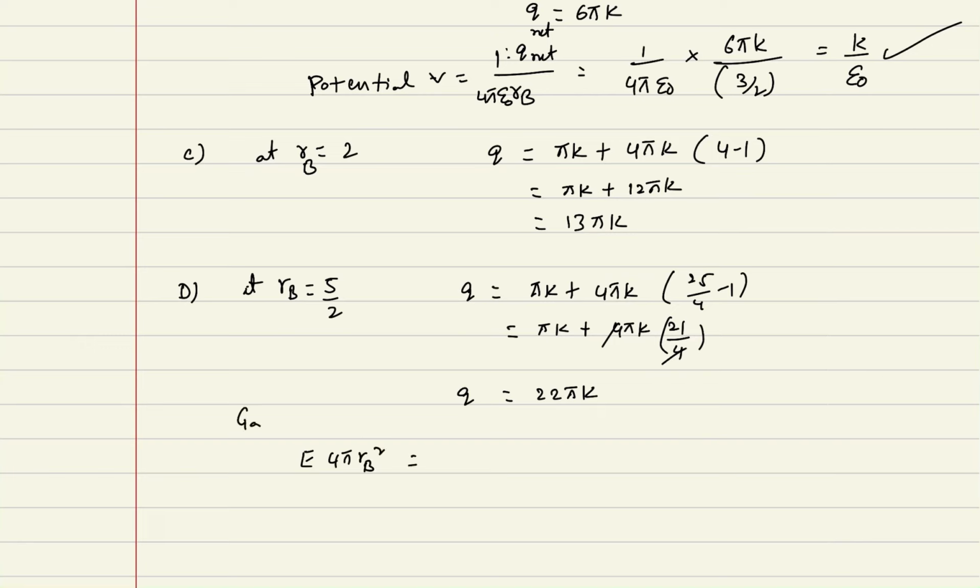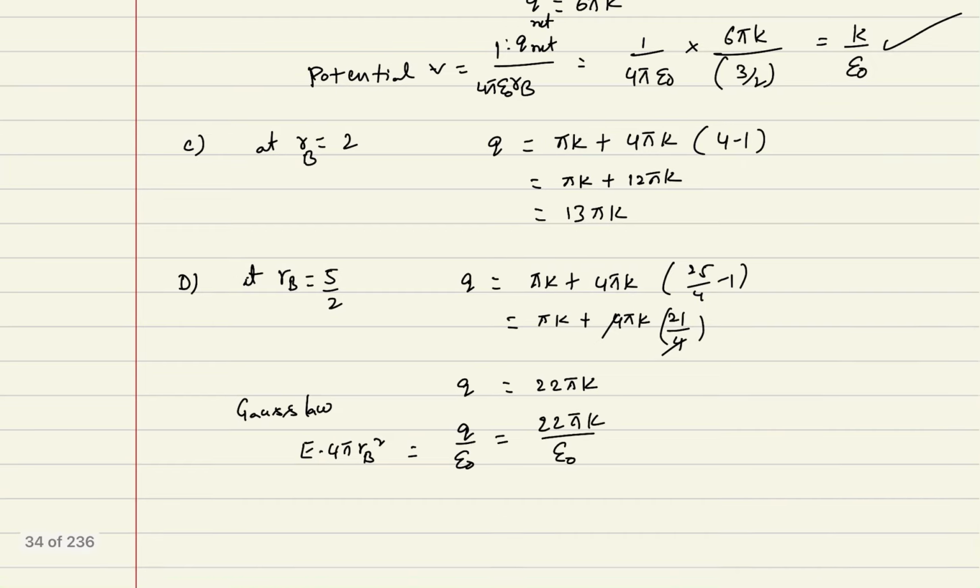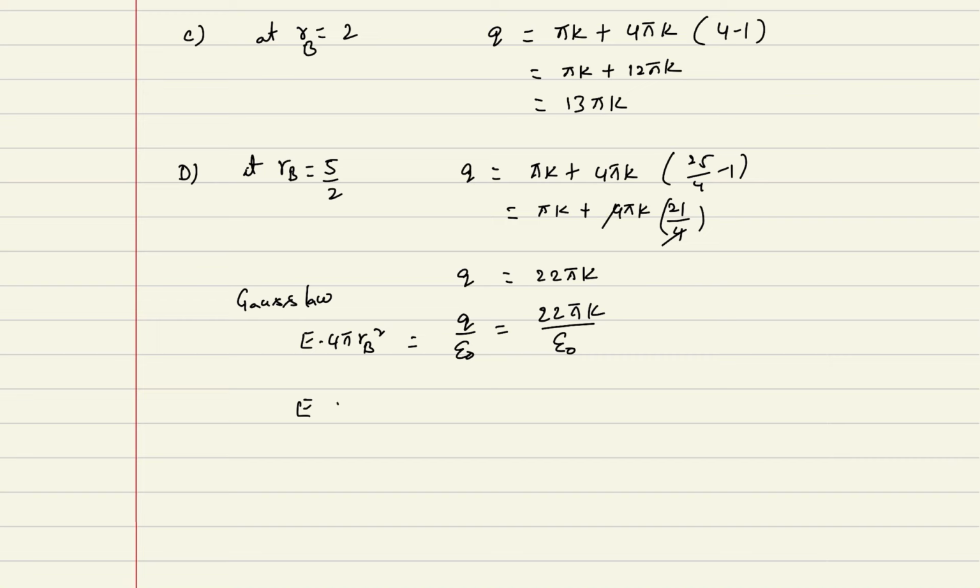Electric field at any point: E into 4 pi into RB square, applying Gauss law. So E bar dot A bar is equal to Q by epsilon naught. Q by epsilon naught is 22 pi k divided by epsilon naught. We can write E into 4 pi into RB square, 25 divided by 4, is equal to 22 pi k divided by epsilon naught.